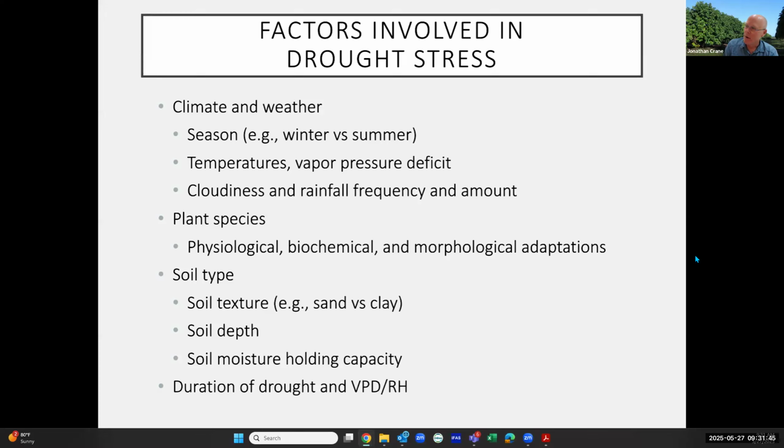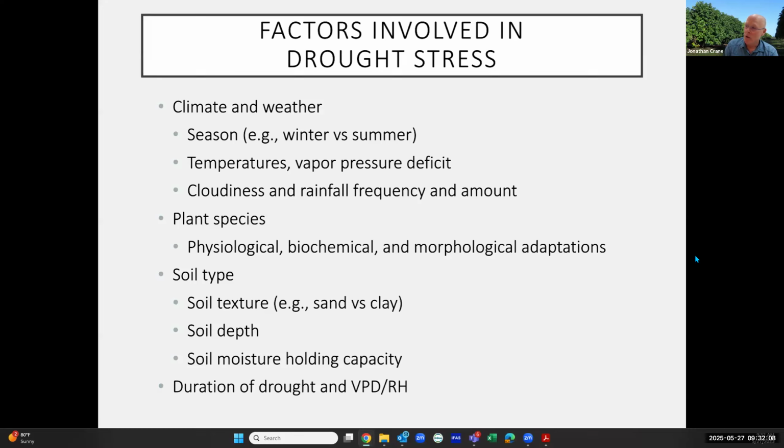And of course, factors involved in drought stress include the soil texture and the soil depth. So sandy soils generally hold much less water than clay soils or sandy loam soils, right? And how deep is the soil? So does the tree have access to 2 feet, 5 feet of soil depth?